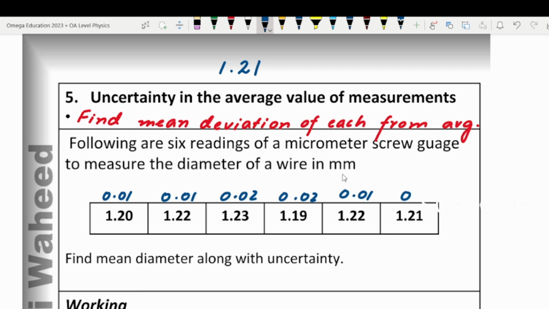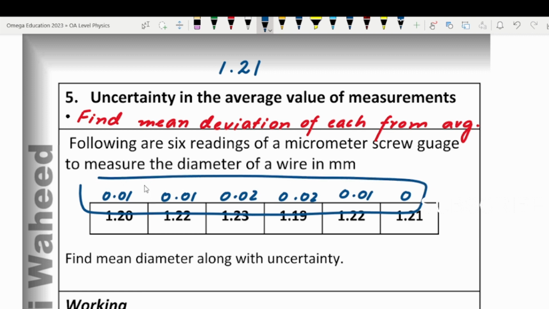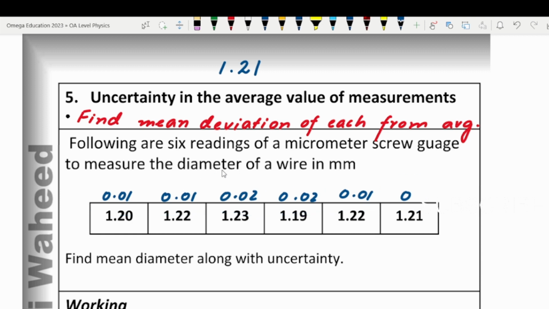What you do now is you take the mean deviation. So these are your deviations. You want to take the mean value of these deviations. So you add all of them and divide by the number of deviations, which is 6.